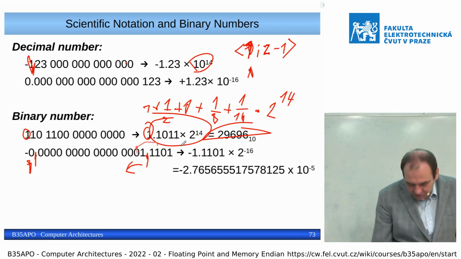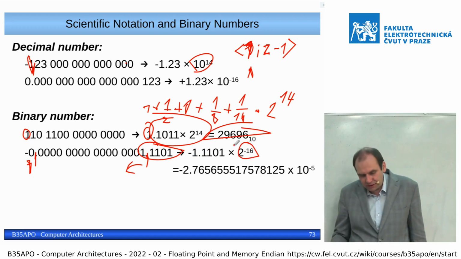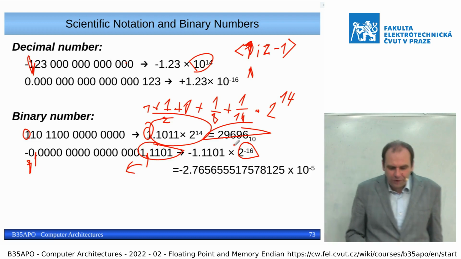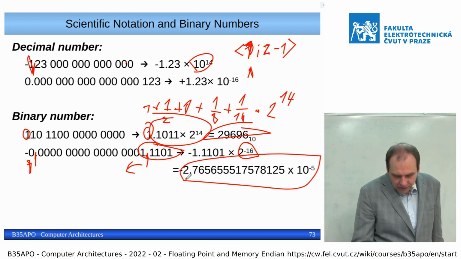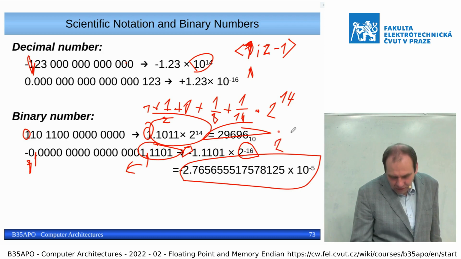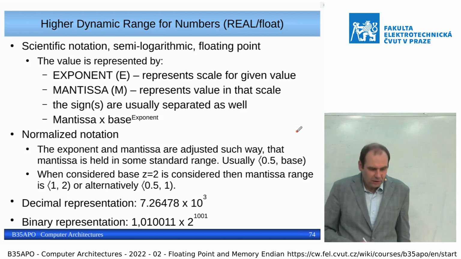So in this case, we can write this number and multiply it by 2 power minus 16. For sure, we need to find how to store such data in memory. This is the actual decadic value, exactly the same as this one, but with sign minus, and not multiplied by 2 power 14, but 2 power minus 16. So this way we can convert between decadic and binary.